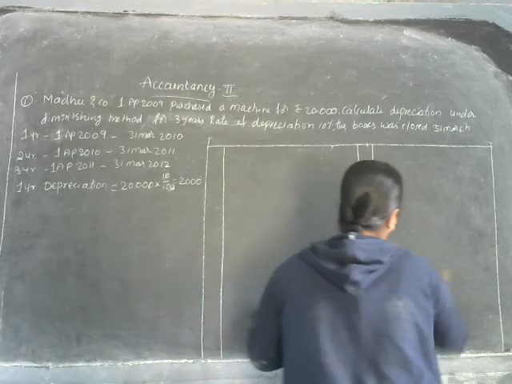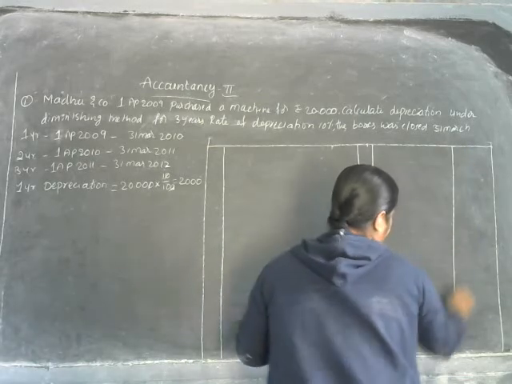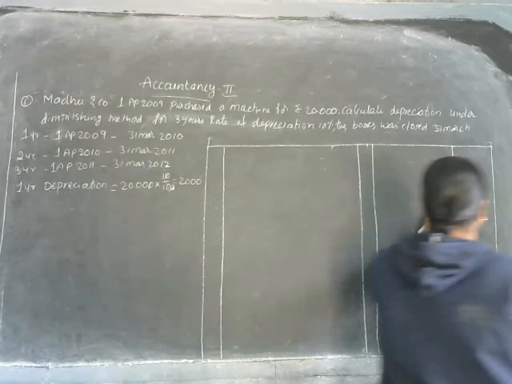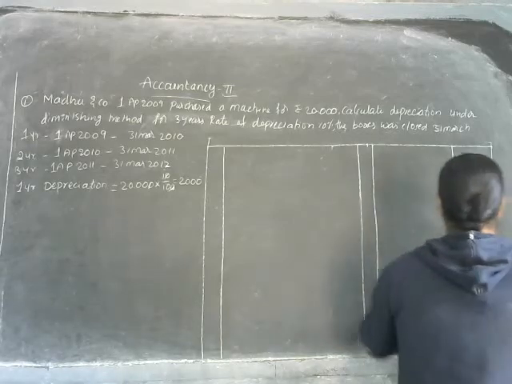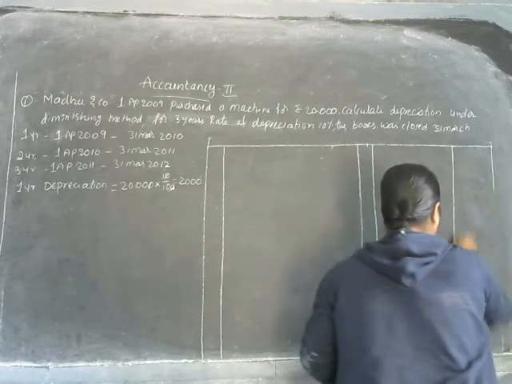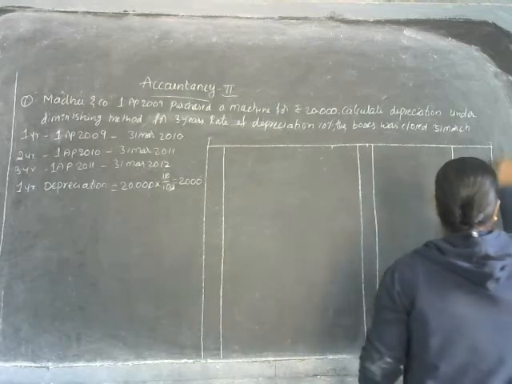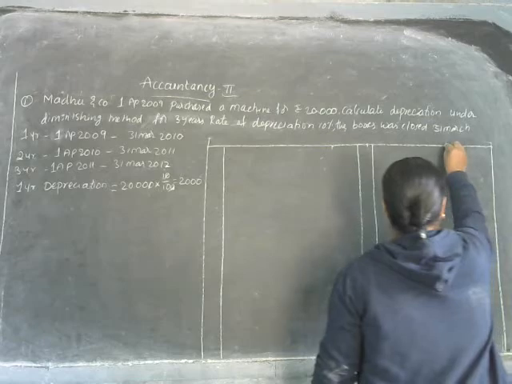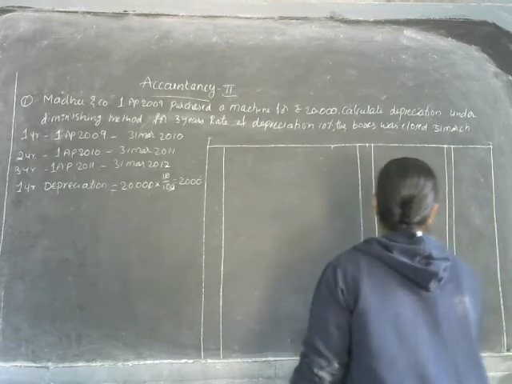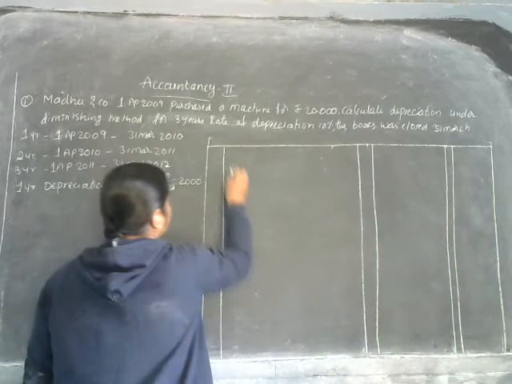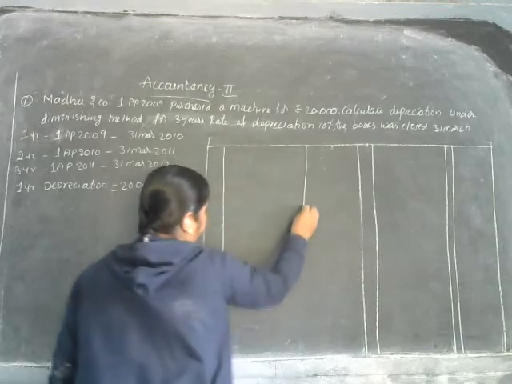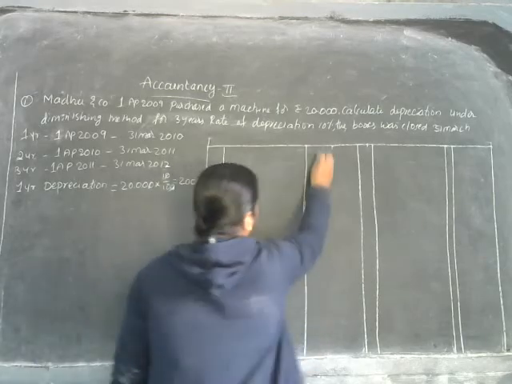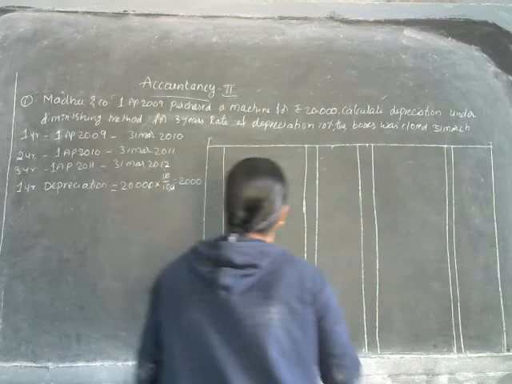Date column, particulars column, JF column and amount column.